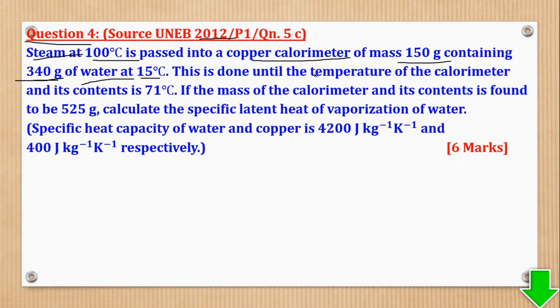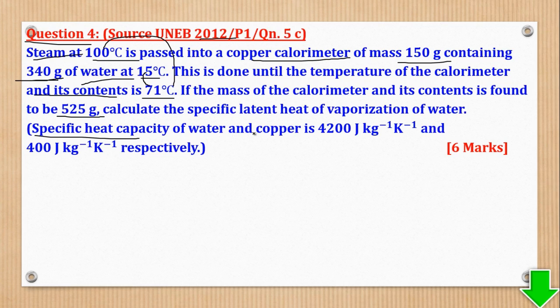This is done until the temperature of the calorimeter and its content is 71 degrees Celsius. So steam's temperature reduced to 71 and water's temperature increased to 71. If the mass of the calorimeter and its content is found to be 525 grams, calculate the specific latent heat of vaporization of water.